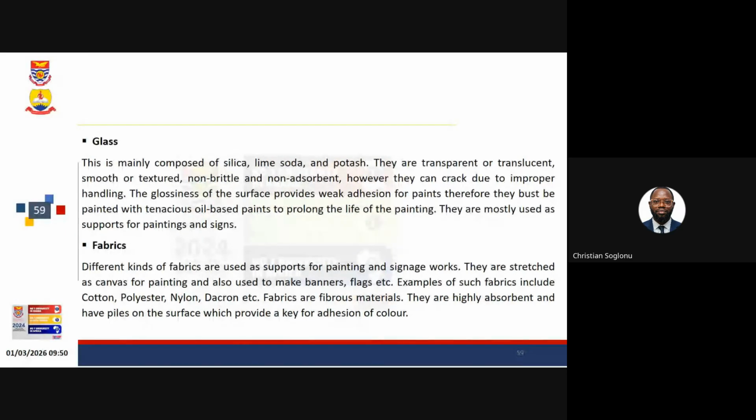The glossiness of the surface provides weak adhesion for paints, therefore it must be painted with tenacious oil-based paint to prolong the life of the paintings. They are mostly used as support for painting and signs.